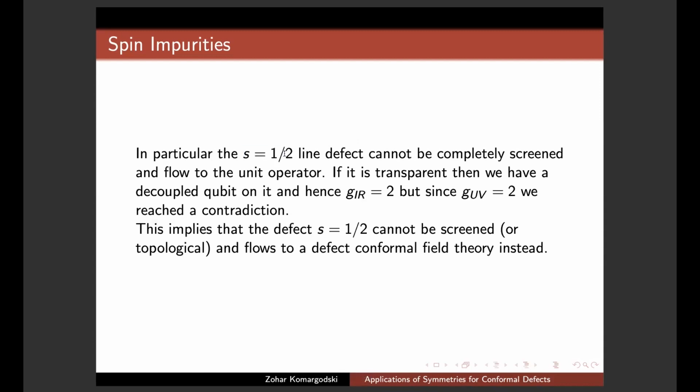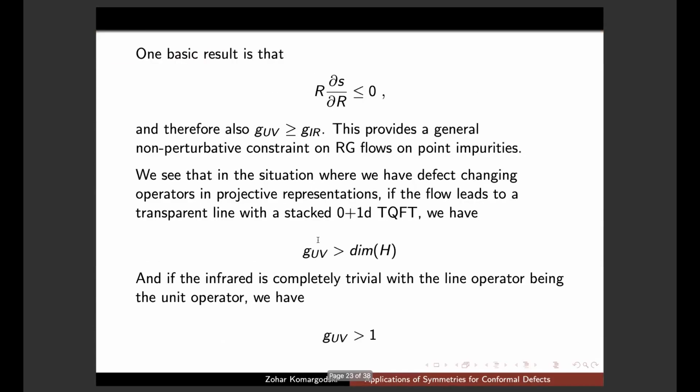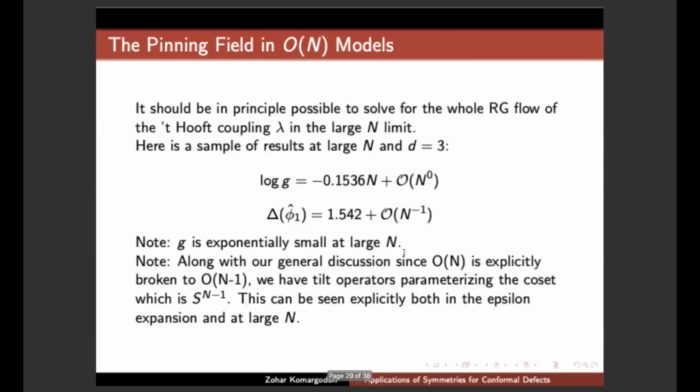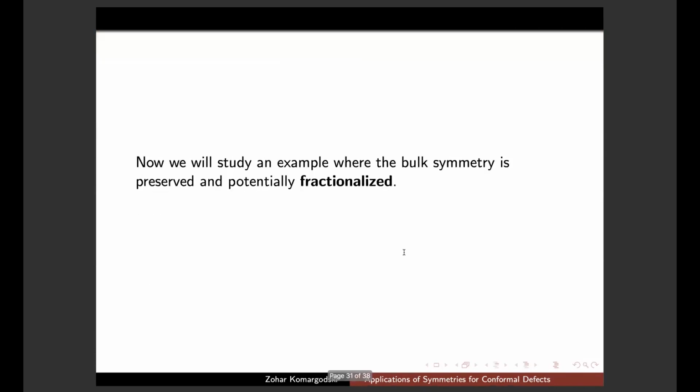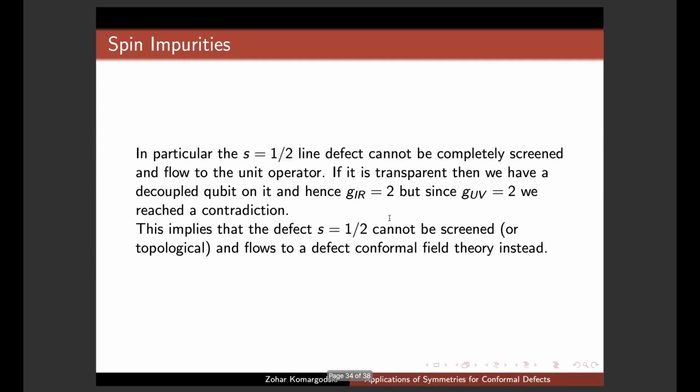So let's consider the S equals a half case, which is the easiest to access experimentally and in simulations. From the previous theorem, from this inequality that I quoted here, we can learn something immediate. Because the ultraviolet g function is 2, this is the dimension of the Hilbert space that we couple to the O3 model.